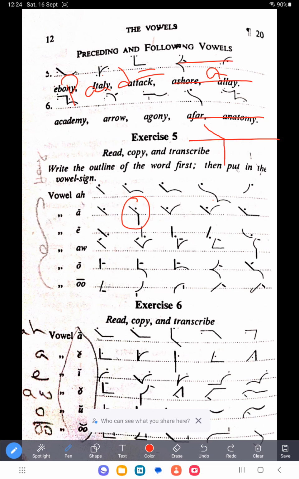So A sound is clearly coming for the P. Now you decide, is it coming before P or after P? It clearly sounds the A sound is coming after P. So represent it in the second place and read it as P, A, pay, and continue reading D, and that becomes a word called paid.